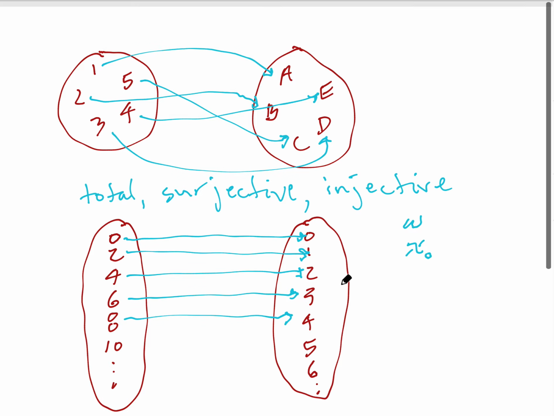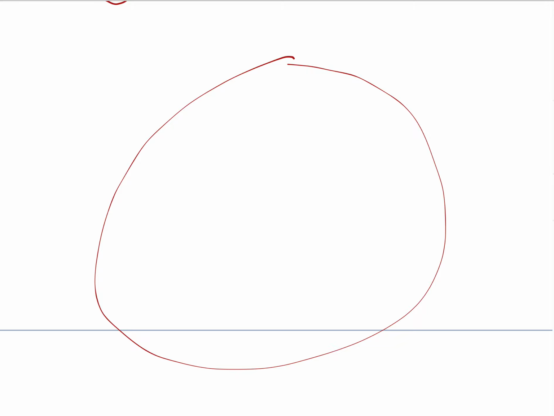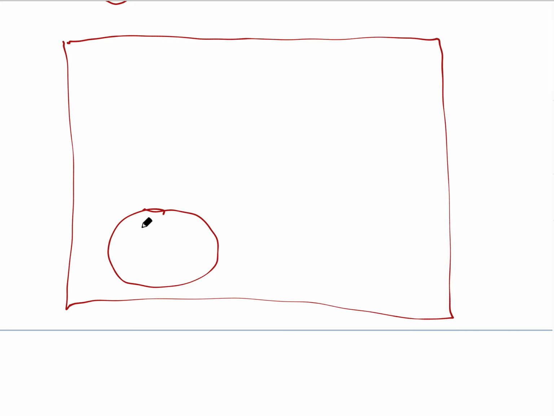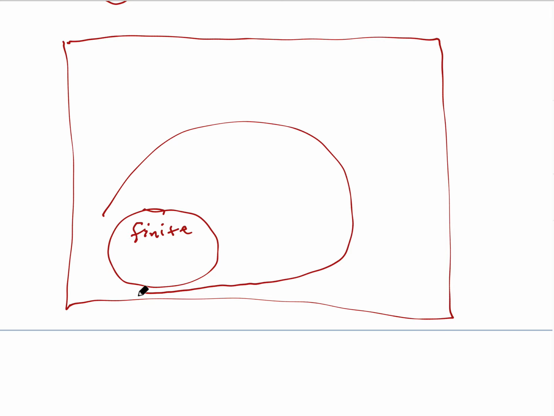Okay, so what I want to do now is take a look at all possible sets. Let me draw it as a box. So we have all possible sets here. Some of these sets are finite. And then there are some sets that are countable.